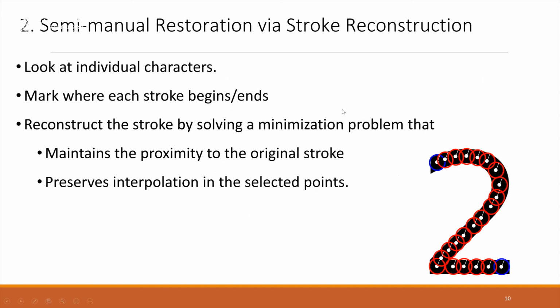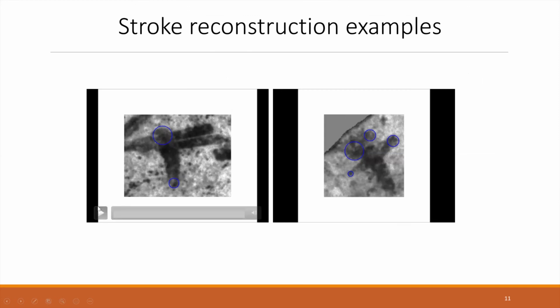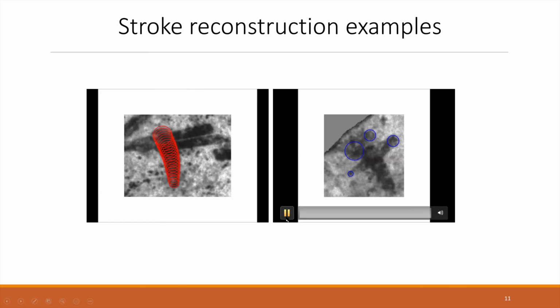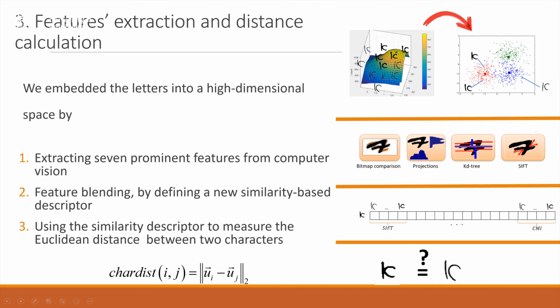With this method, we can reconstruct the letters that we have. For example, here we have two key points that were selected, and the stroke was reconstructed. You see the reconstruction in red, and also here for the Hebrew letter Vav. And we reconstructed the entire corpus of Arad and of Samaria.